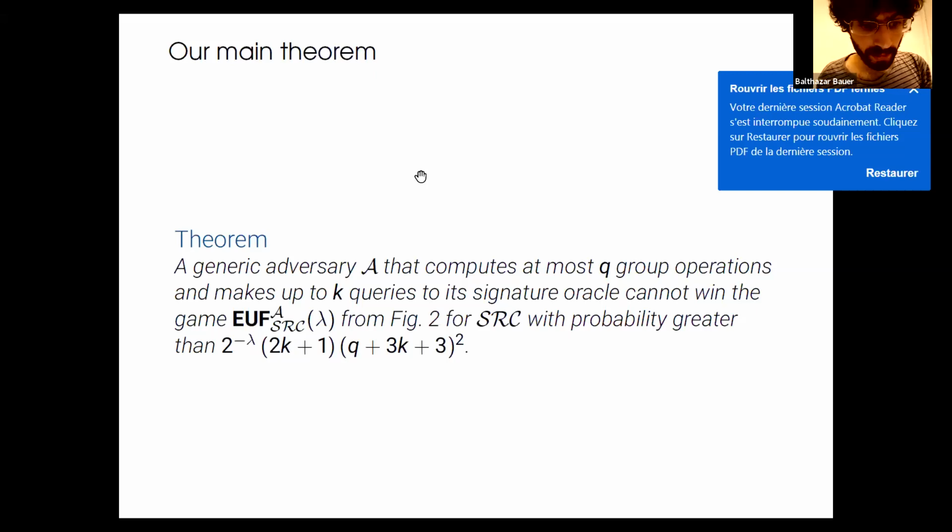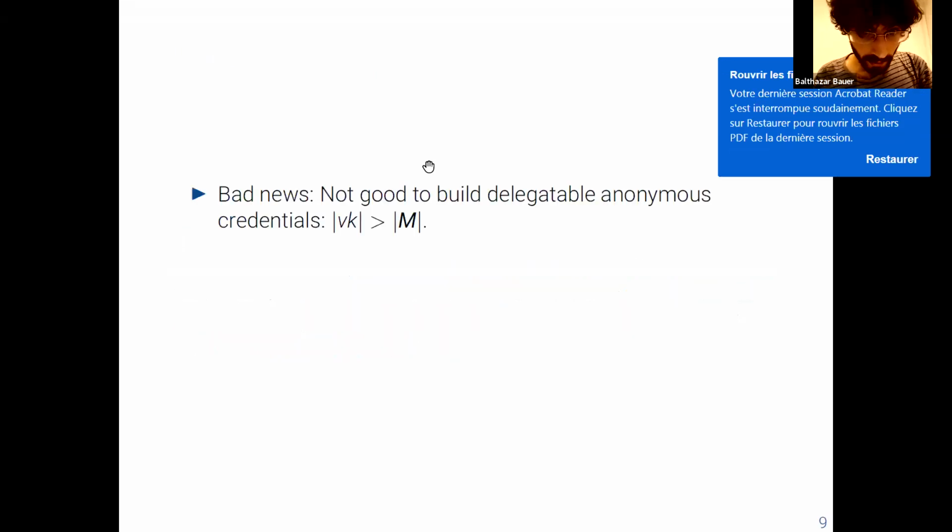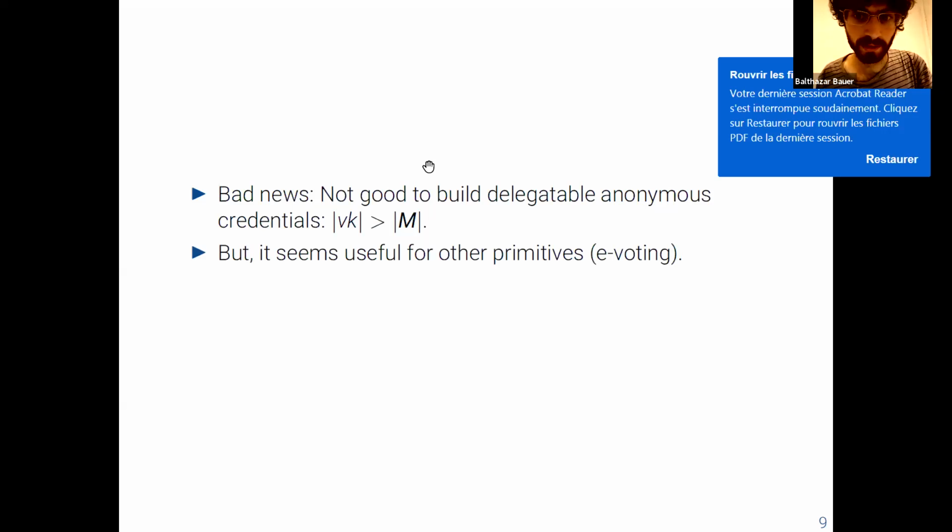So we could be very happy because our scheme is secure, correct, and also efficient in the sense that the signatures are very small. But unfortunately, our verification keys are too big to use our scheme in the delegatable anonymous credentials context. But as good news, it seems useful for other primitives such as e-voting.